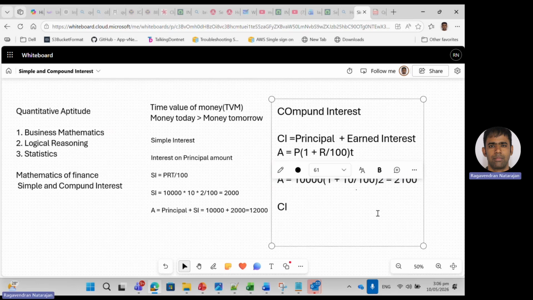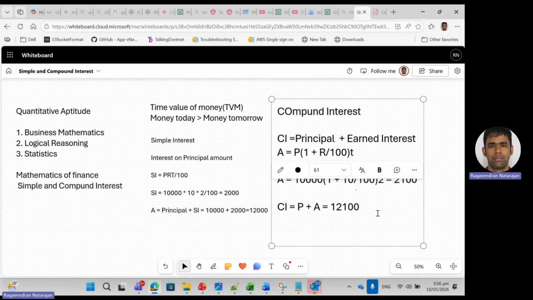Compound interest equals principal plus the interest, which is 12,100.